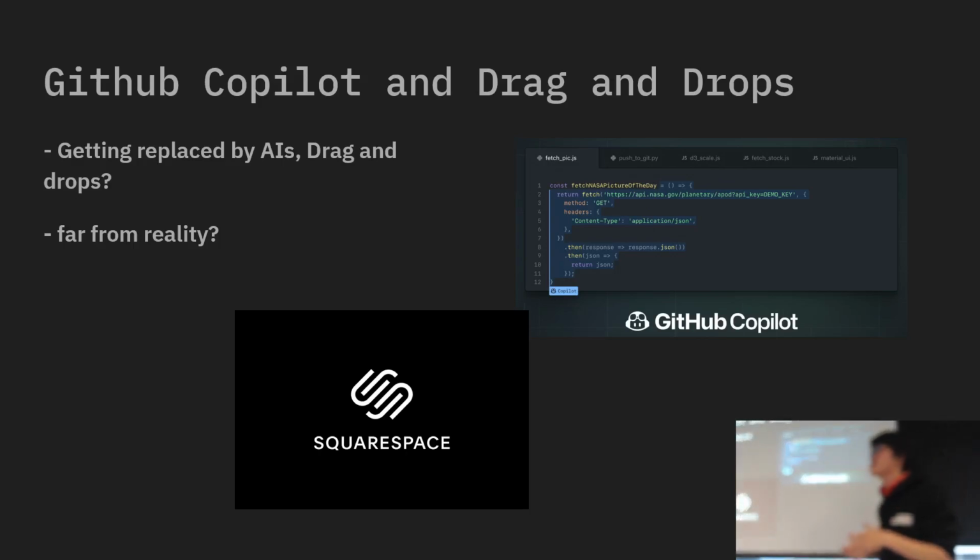But when it comes to user interface, it's a bit of a blur because some people prefer it this way, some people prefer it that way in terms of laying out a website. So could it be replaced by AIs, drag and drops? Is it far from reality? Well, I don't have the answers for you in this workshop, but it's probably good to keep that in mind.